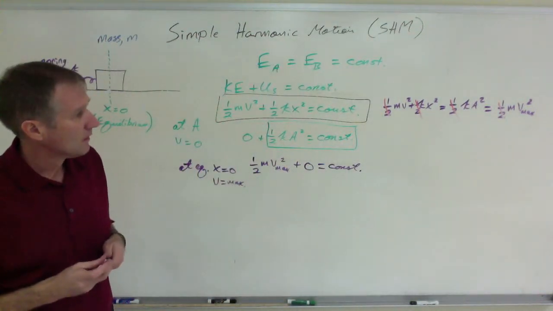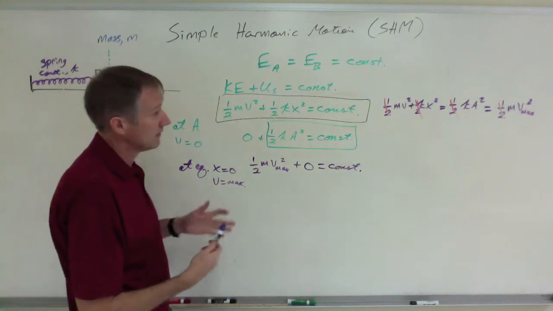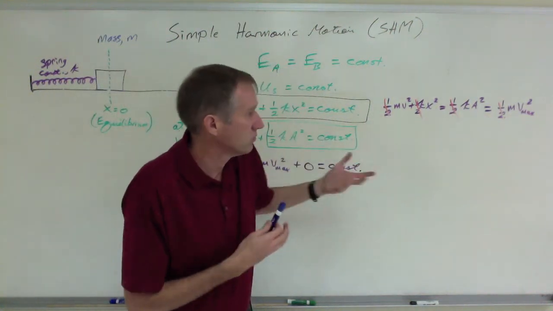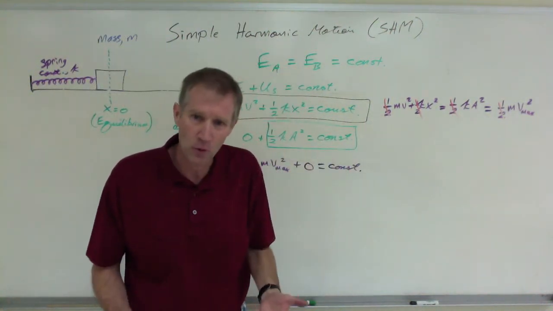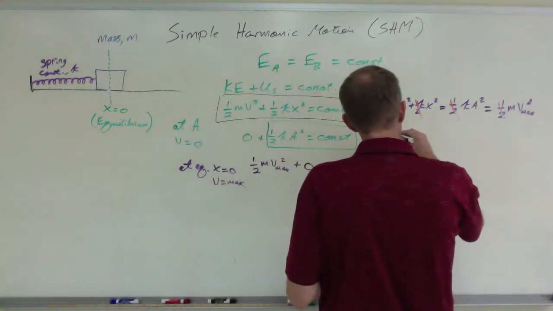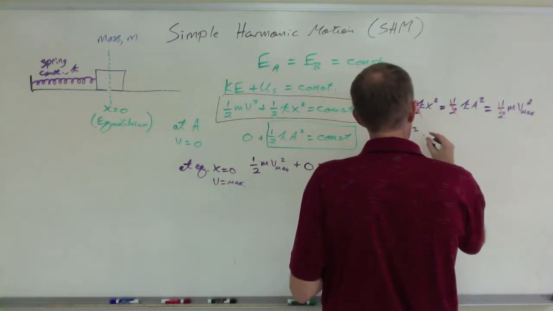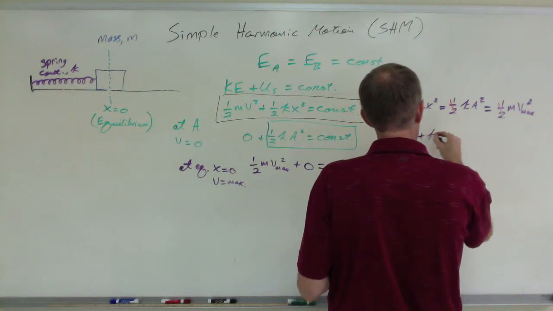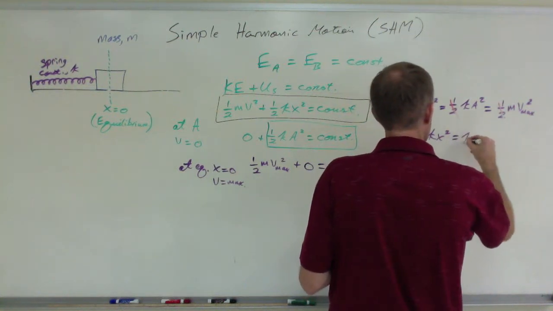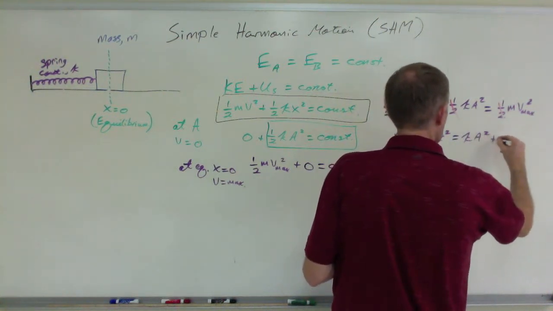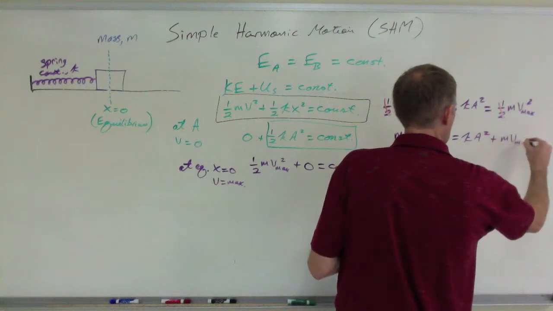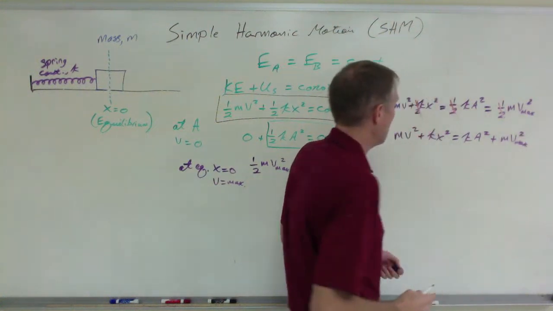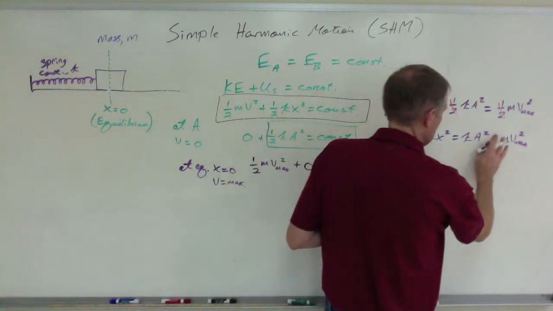And now you can rewrite that, and you use whichever you use depending on what you're looking for, what you know, right? So mv squared plus kx squared equals kA squared plus m v max squared. And no, whoops, it's an equal sign.